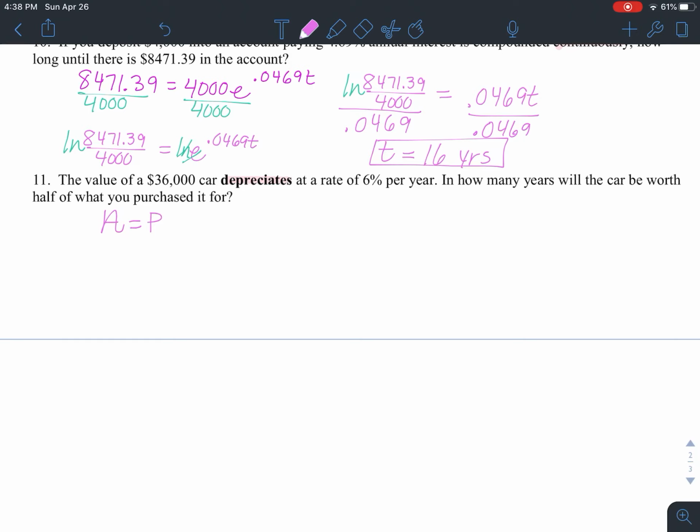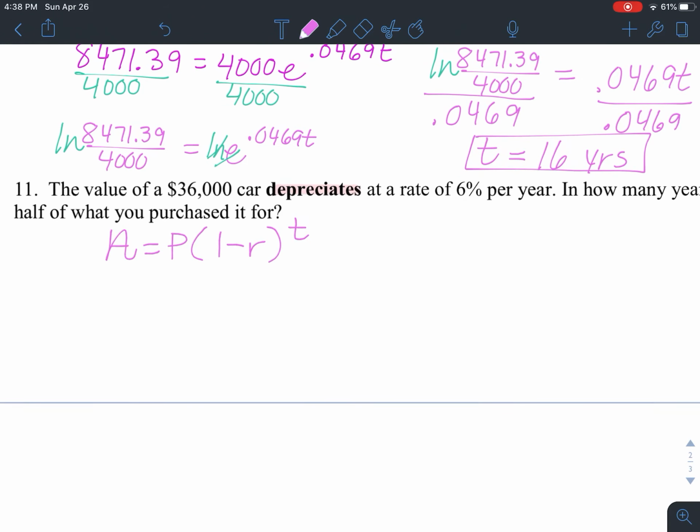A equals P times 1 minus R to the T at a rate of 6% per year. In how many years will the car be worth half of what you purchased it for? First of all, if the car is worth half of what you purchased it for, you know the final amount should be $18,000. Just divide by 2. That's all I did. I took $36,000 and I divided it by 2.